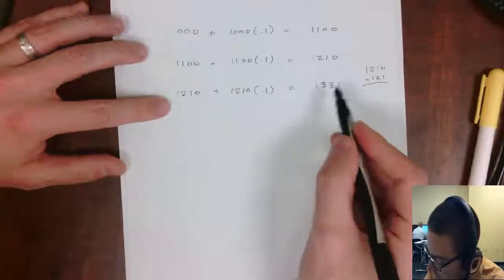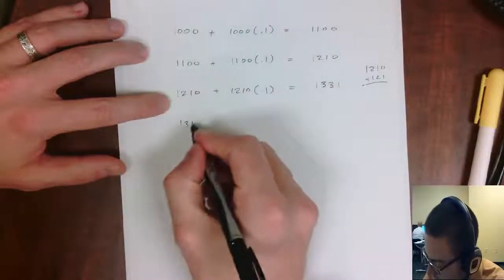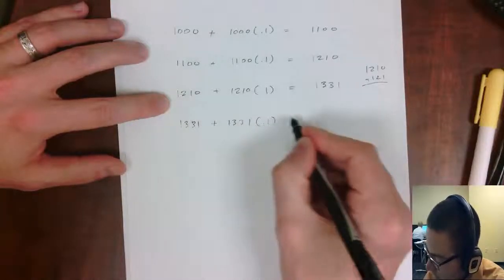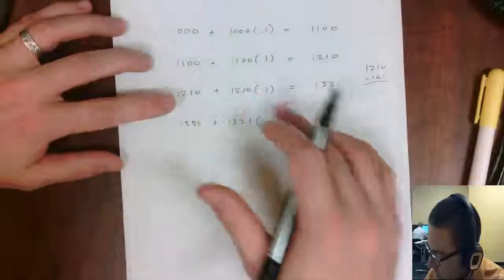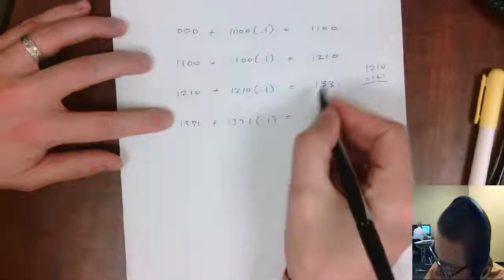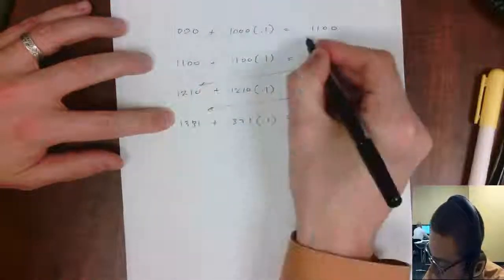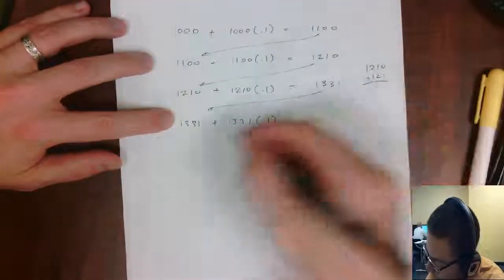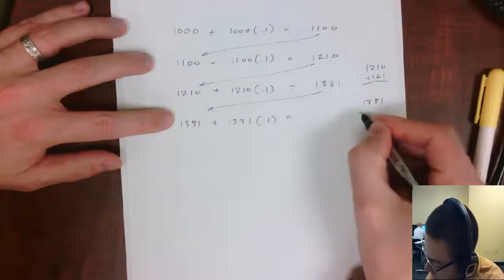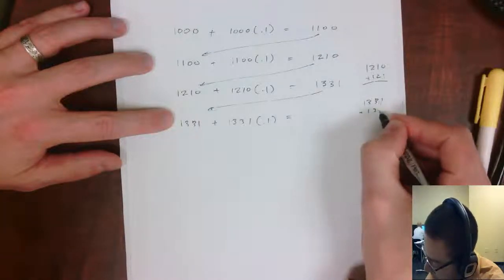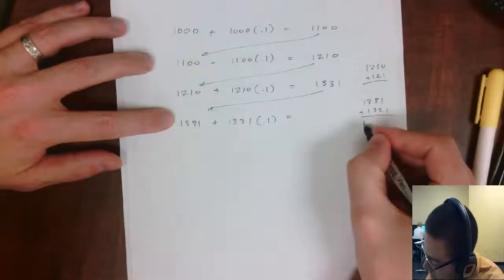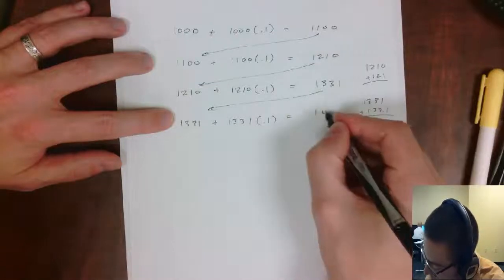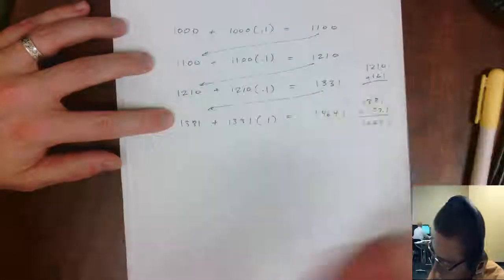Okay, so this is the new amount, and then it happens again. And you see this pattern kind of developing, that every time I'm taking the previous amount, and the previous amount goes here, goes here, goes here, and here, right? So this would be 1,331 plus 133.1, right? So 1,464.1, or 1,464 dollars and 10 cents, right?